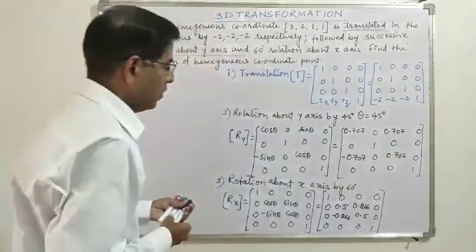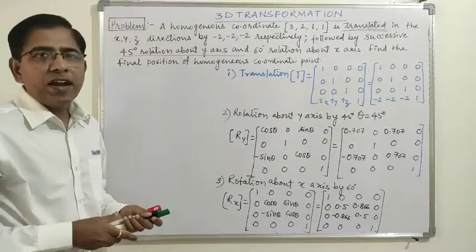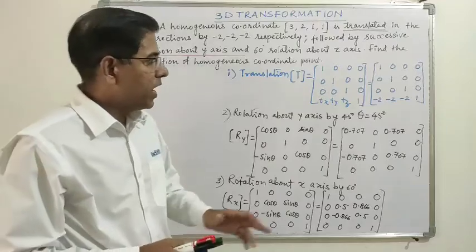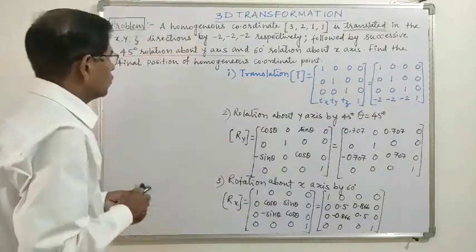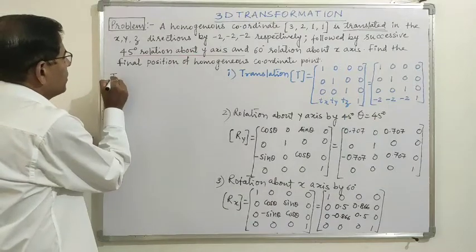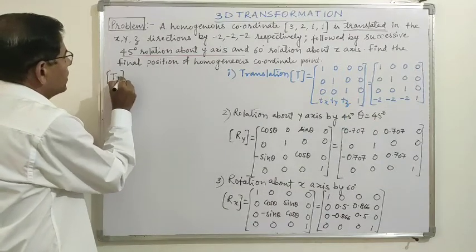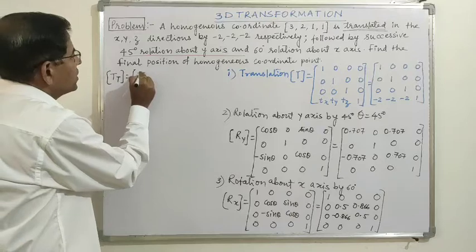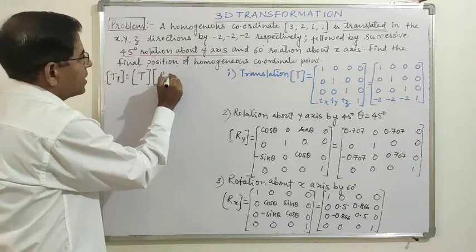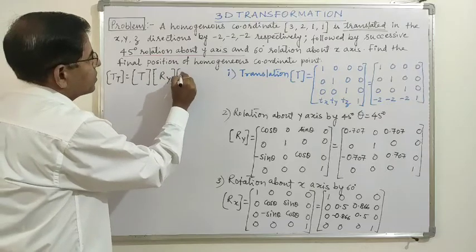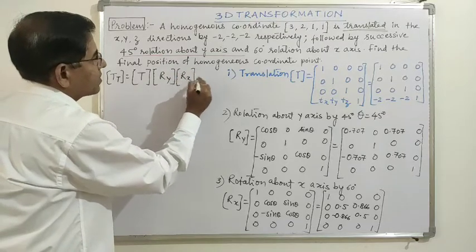Now we find out the total transformation by multiplying all the three transformations in correct sequence. So total transformation matrix is equal to, first is translation, second is rotation about y-axis, and third is rotation about x-axis.